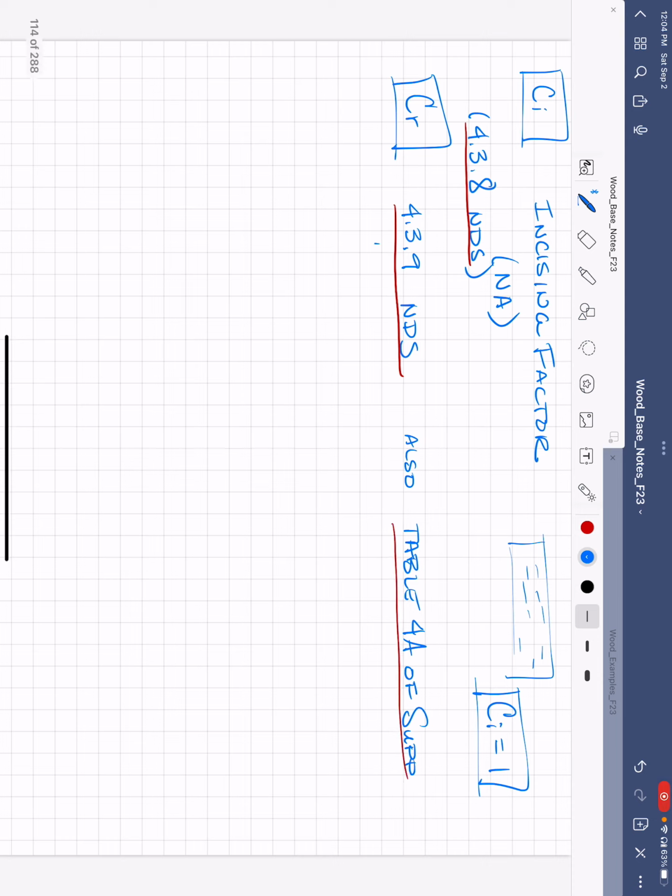Okay, so we use C sub r equals 1.15 because we do have joists that meet the requirements in that paragraph. There's more than 3 of them, they're spaced less than 2 feet apart, and they're joists.